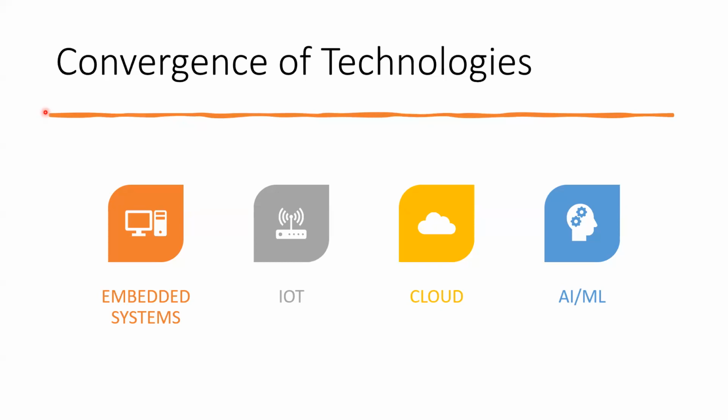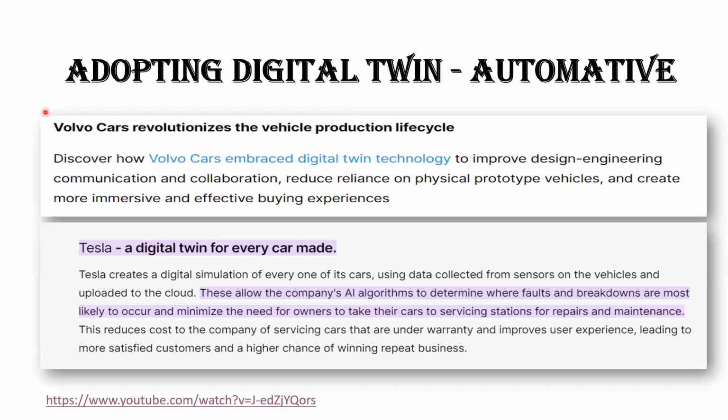Let's take some examples of how the industries are using this, in the field of automotive. Volvo Cars have embraced this. Tesla has embraced this. Why are they using all these things? They are used to simulate and test new design concepts before they are built, so that the production processes are optimized.